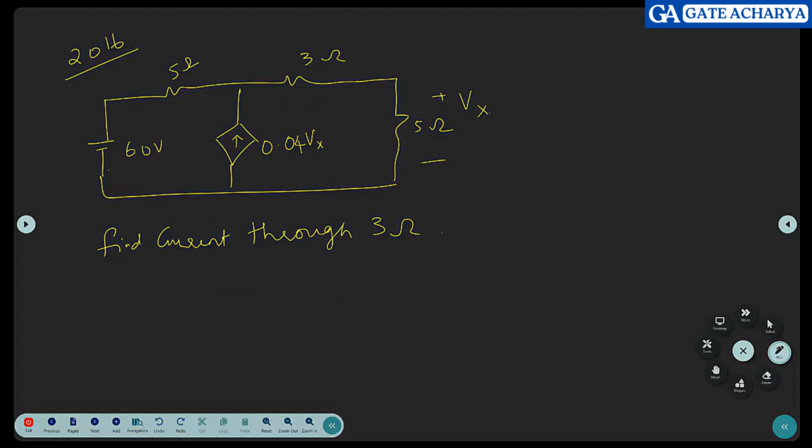What do you do? Write a simple KCL. Which node is it? I should be writing KCL at this node. That's all, 2 mark question. You just write one KCL, you will get the answer.